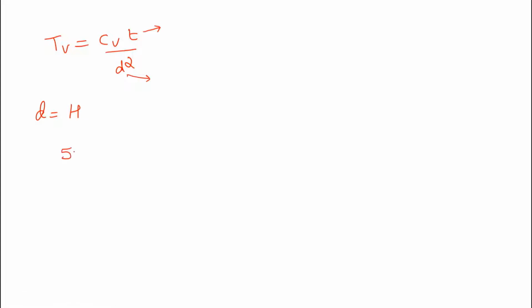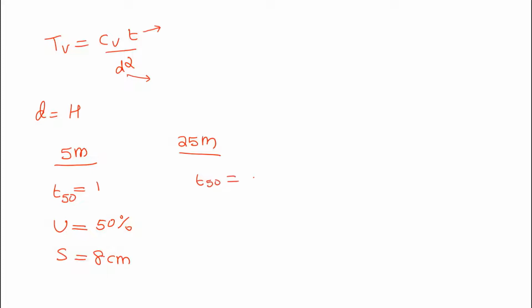So I have the 5 meter thick clay layer and the 25 meter thick clay layer. Here T50 is 1 year, degree of consolidation 50%, and settlement is found to be 8 centimeter. Here T50, I don't know; I have to find it out for the same 50% degree of consolidation.